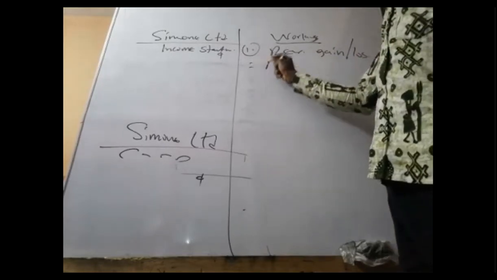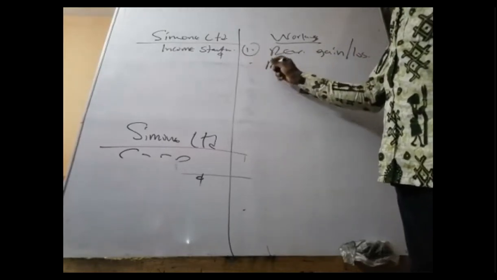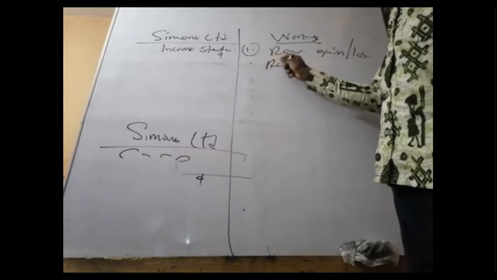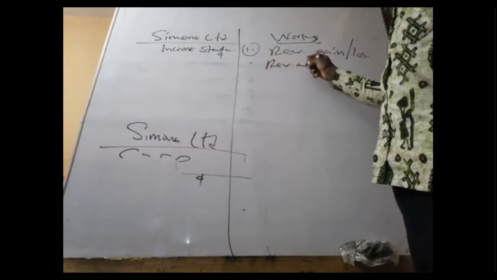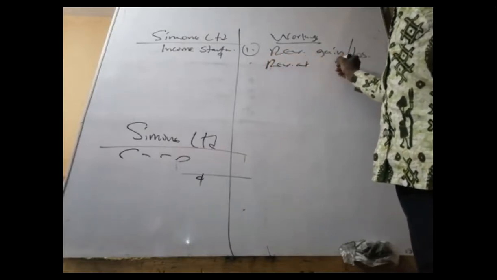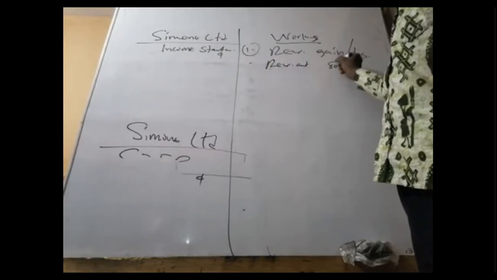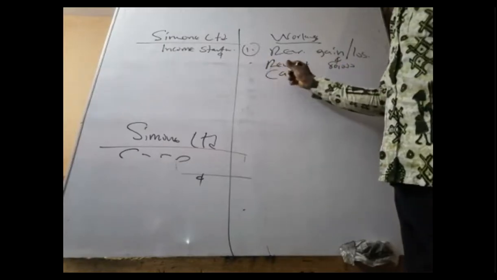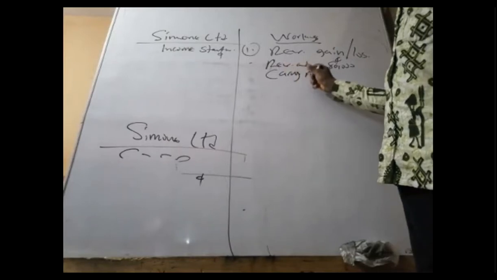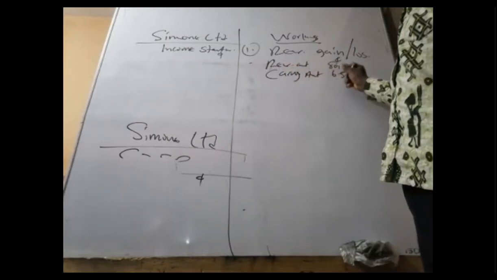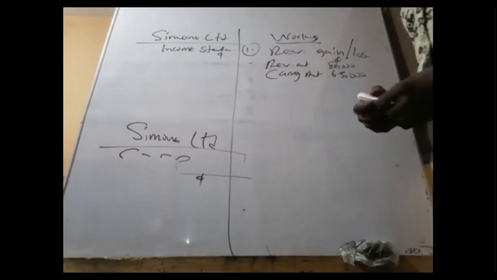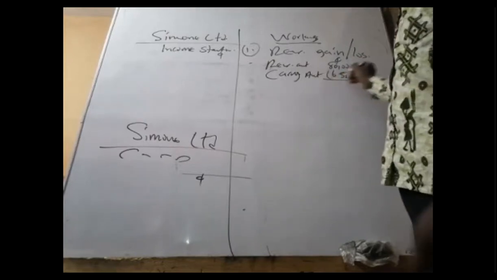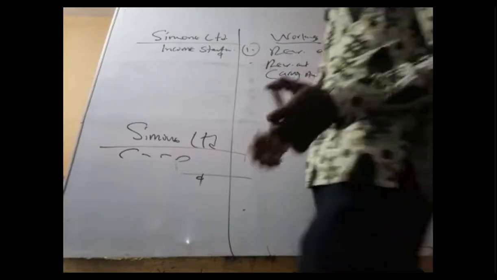So first, the revalued amount was 80,000. The current amount at the date of valuation is 65,000. So is there any revaluation gain or loss?